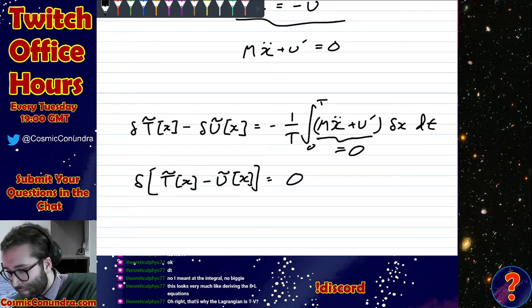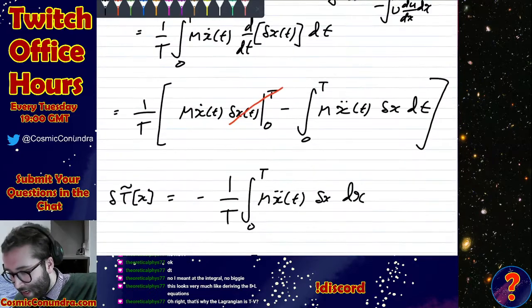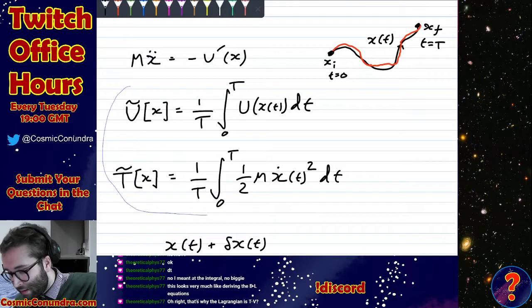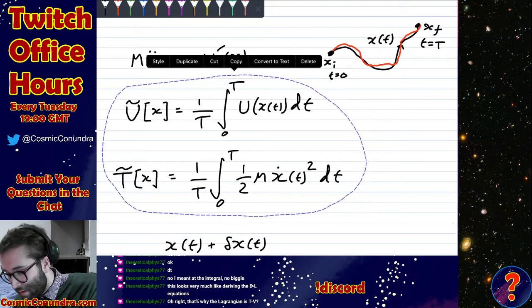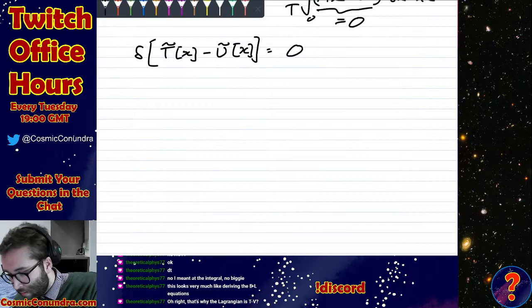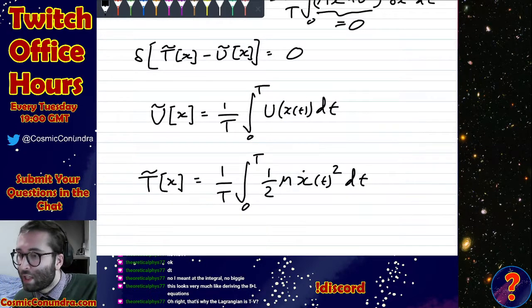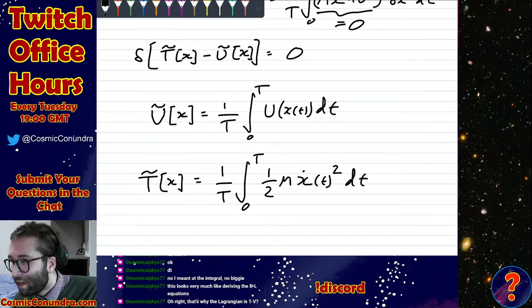Okay? But remember how we defined the time average of kinetic and potential energy. They were these time averages, these integrals over t of the potential energy at a specific point in the motion and the kinetic energy at a specific point in the motion.